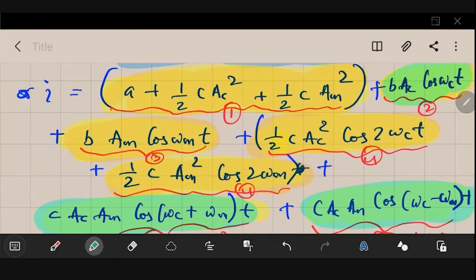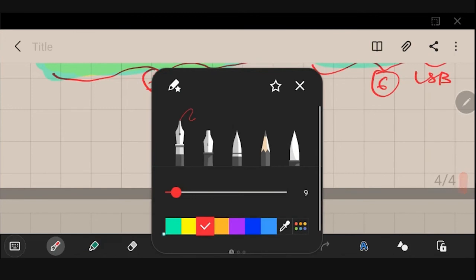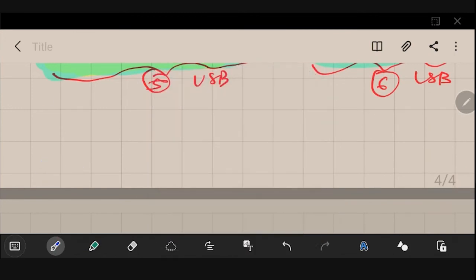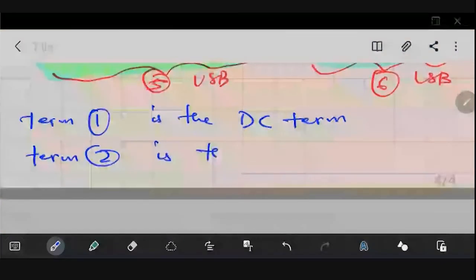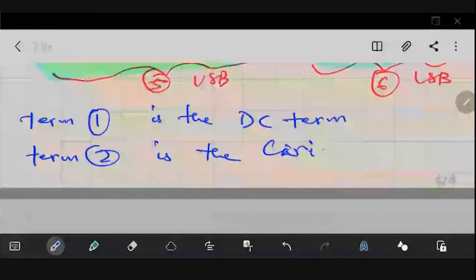So you could note down what these terms 1, 2, 3, and 4, and 5 and 6 are. Let me write it here and you could note it. This is important. So you could write that term 1 is the DC term, so it will be blocked. Then you have term number 2, that is the carrier frequency or the carrier signal.